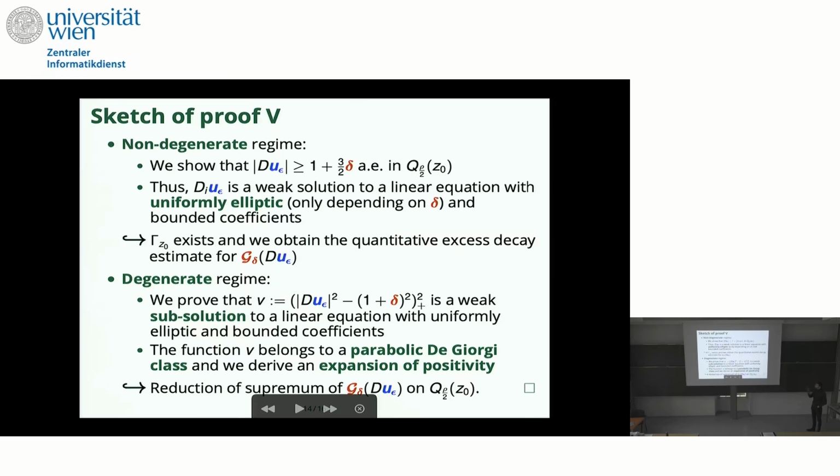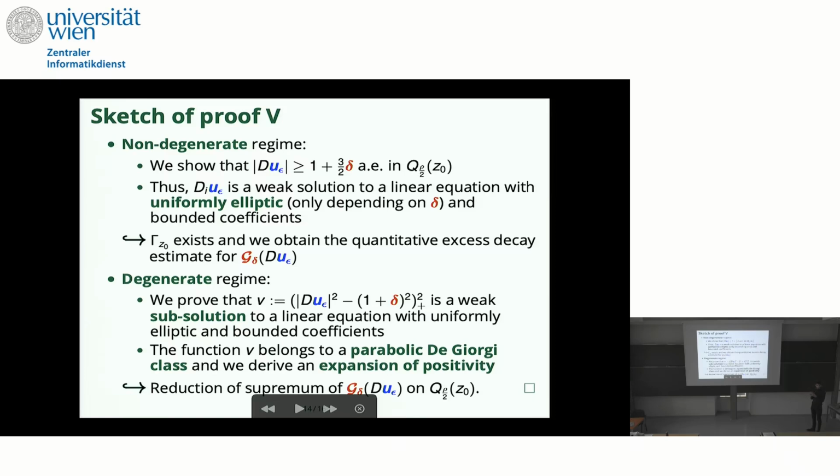So we can throw away the epsilon contribution. And this looks good. Linear equation, uniformly bounded coefficients. Then we can use known results and infer relatively quickly that this gamma set not exists, and that we get this claimed L2 excess decay estimate for G delta du epsilon. So basically, once the non-degenerate regime applies, we're finished. This is the nice case.